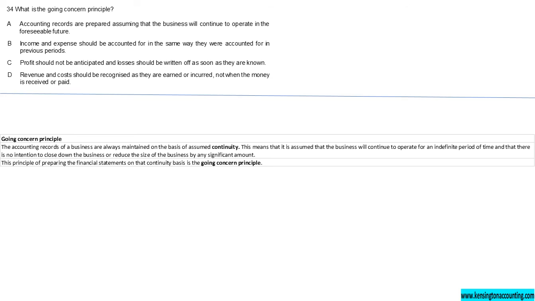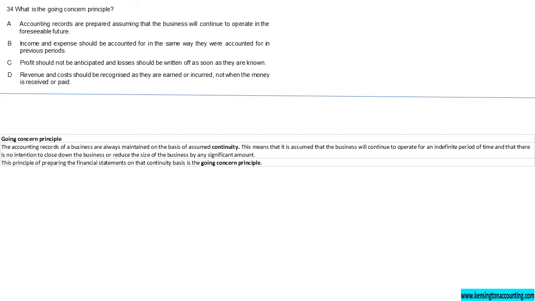Now, the going concern principle assumes that the business will continue for the foreseeable future, in fact for an indefinite period, and it has no intention of closing down the business or to reduce the size of the business by any significant amount. Therefore, the accounting records are maintained on the principle of continuity.